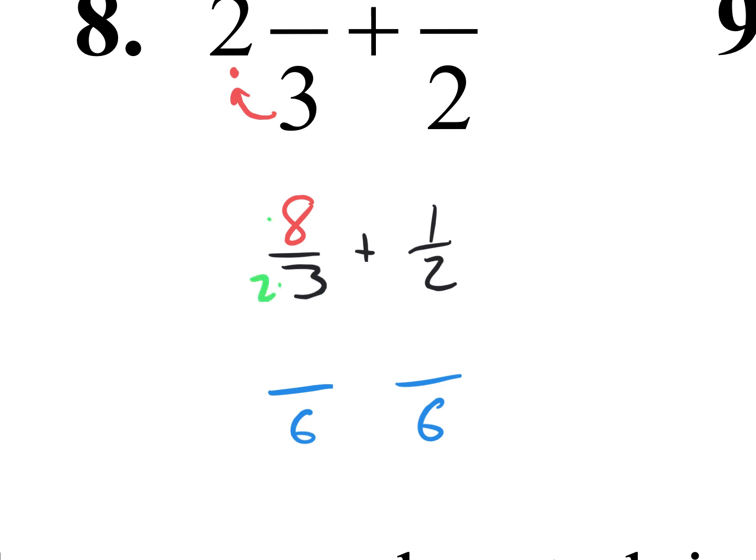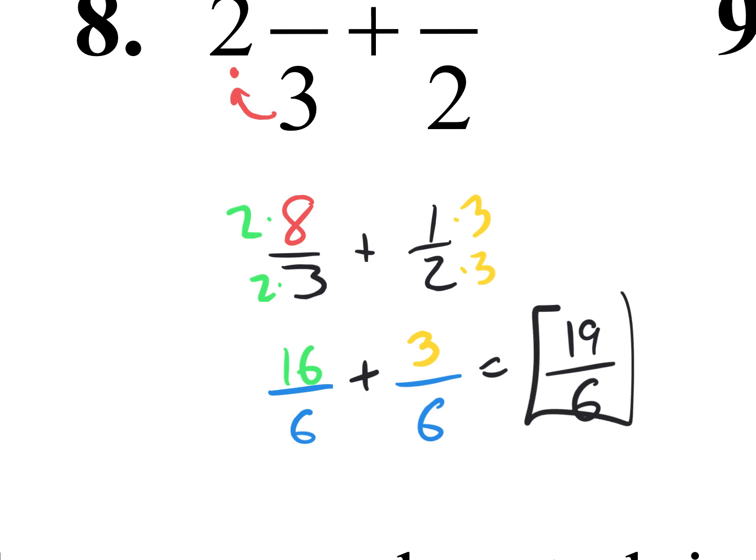So put a times 2 there and a times 2 up there, which gives us 16 on the numerator. How do we change 2 to become 6? Times 3, right? So times 3 here, times 3 up there, it gives us a 3. We do have a plus sign between the two. So what's our answer going to be? 19 over common denominator stays 6.